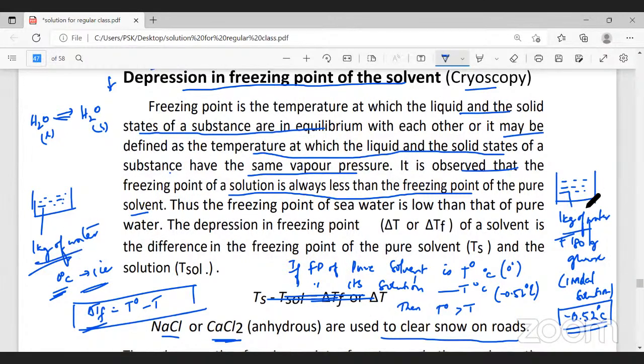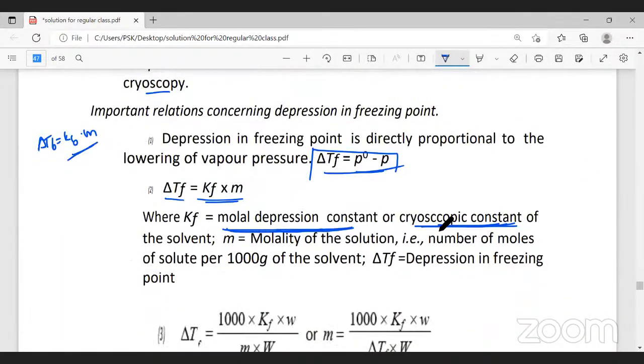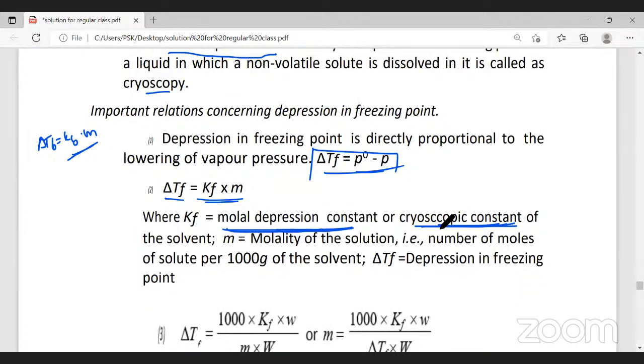When compared to the pure solvent, if you take a 1 molal solution, how much decrease in temperature there is with respect to freezing point is called the molar depression constant, or the cryoscopic constant. Did you follow this? What is the cryoscopic constant? Yes, sir. Or not? Yes.